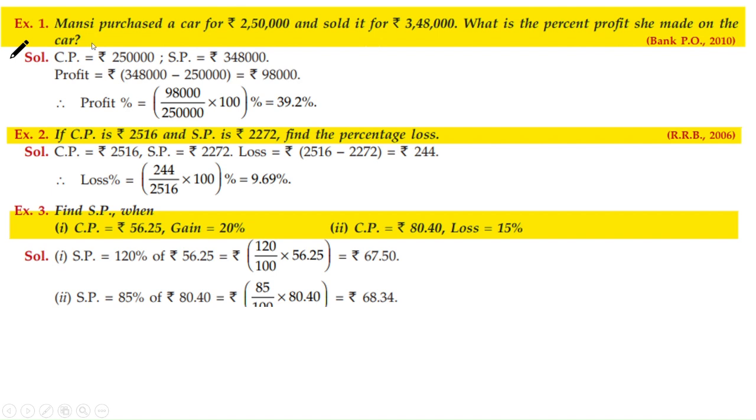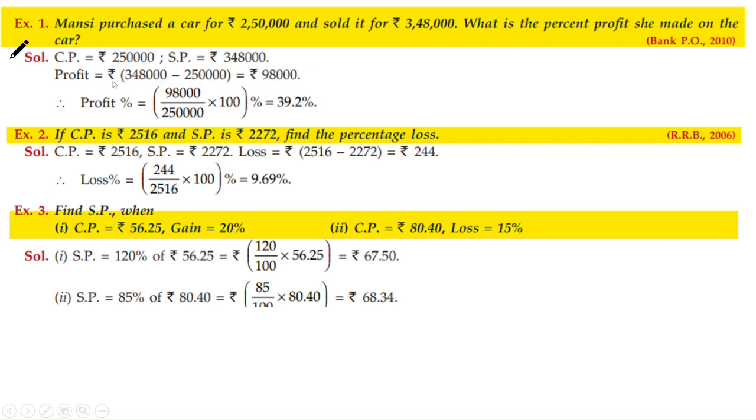Mansi purchased a car for rupees 2,50,000 and sold it for 3,48,000. What is the percent profit she made on the car? Cost price equal to 2,50,000. Selling price equal to 3,48,000.